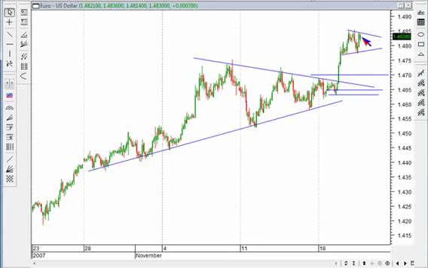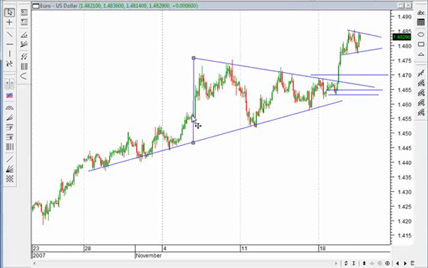Okay, Deb asked, how would you project the target for a pennant or a flag? Great question. There are two ways that you can project the target there. The first is you can look at the distance between the support level and the resistance level when the pennant actually starts to form. So that would be this pole right here.